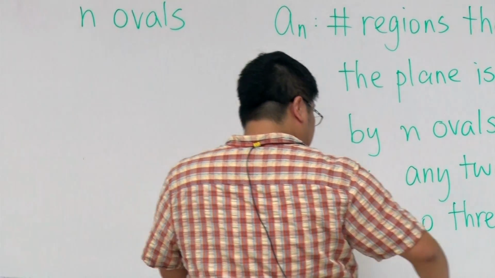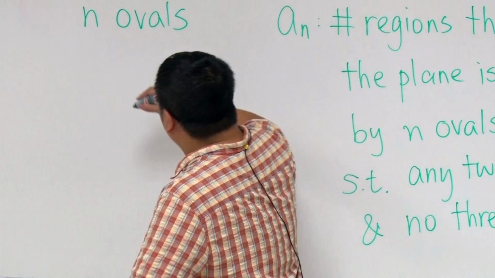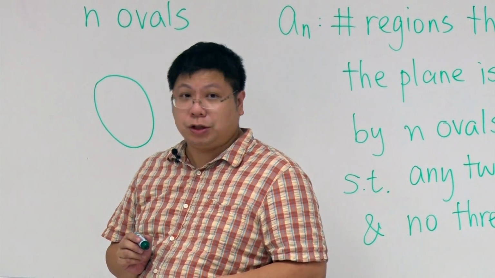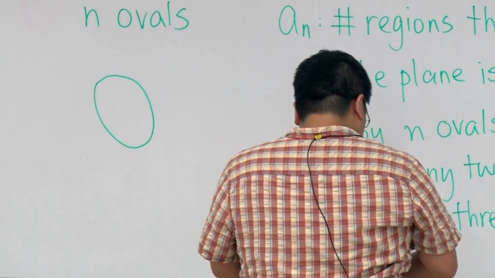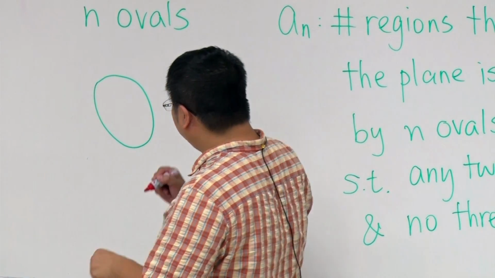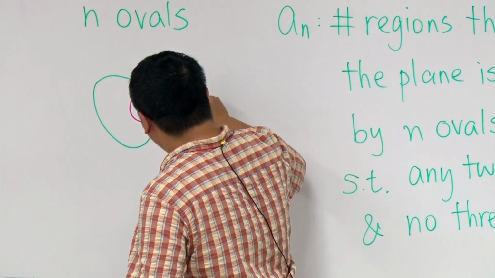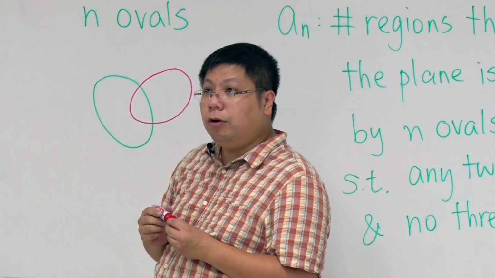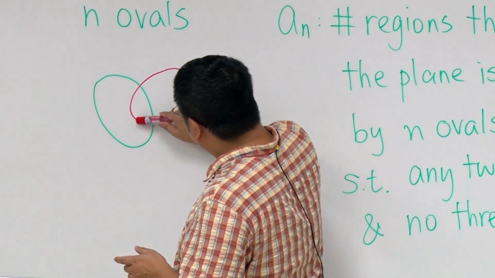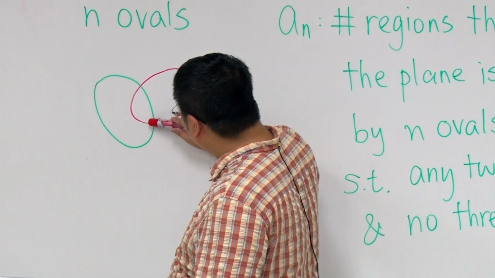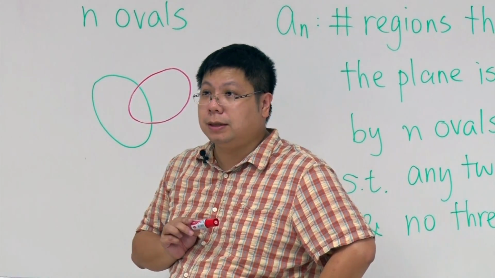Okay, let's look at the simplest case. Originally, we have just two regions, am I correct? 1 and 2. Now, let's add one oval. The circumference of this new oval will create 1 and 2 segments, am I correct?